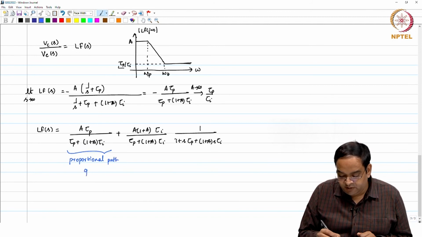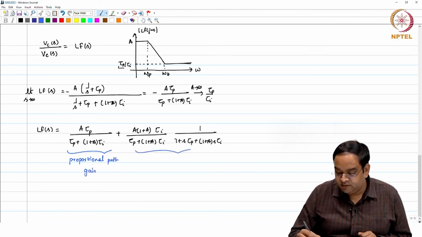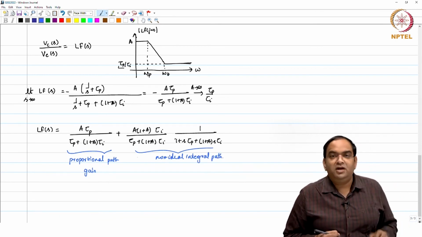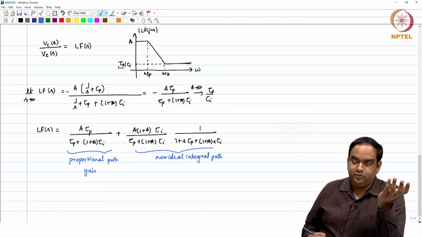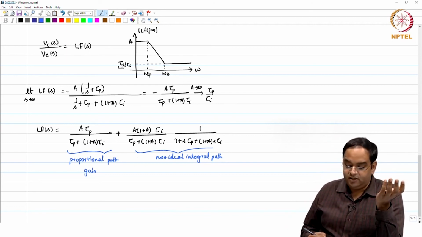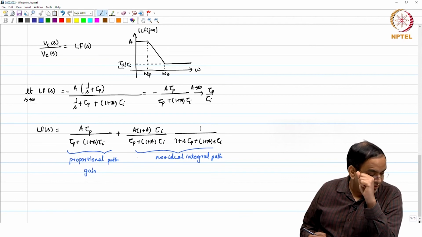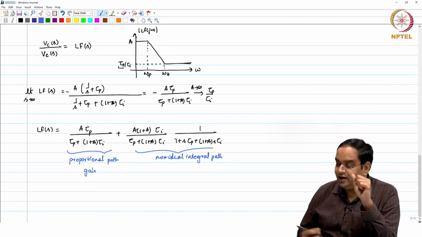Okay, this is a proportional path gain, and this is for a non-ideal integral path. As a tends to infinity, the gain of the integral path actually goes to infinity. But here the problem is a does not go to infinity. So, you have some kind of non-ideal integration.